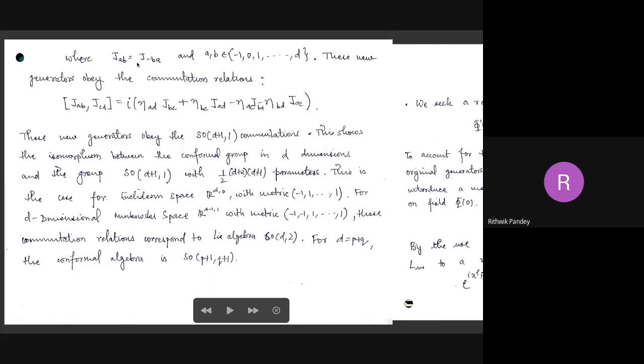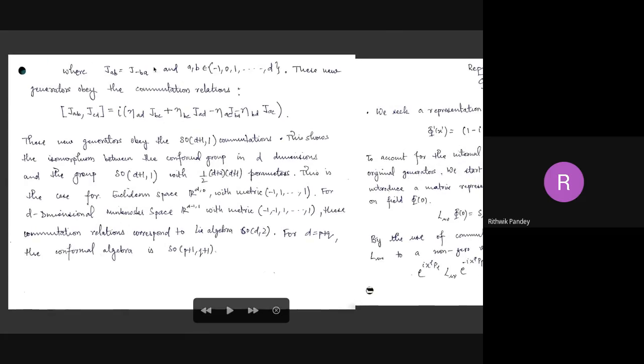Where JAB is equal to minus JBA. There's a mistake here, it should be minus JBA. So we can check that these new generators obey the following commutation relationship.